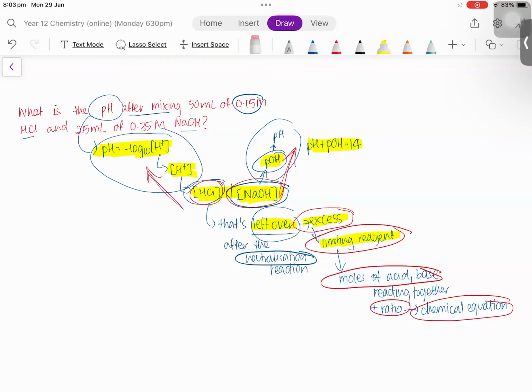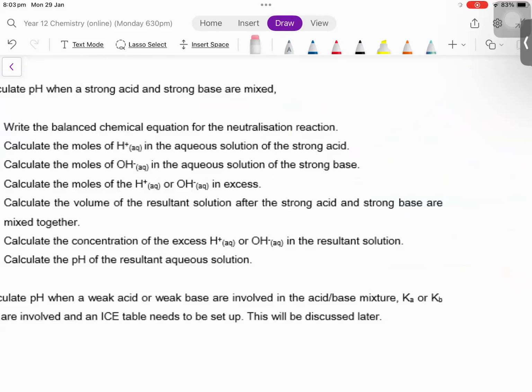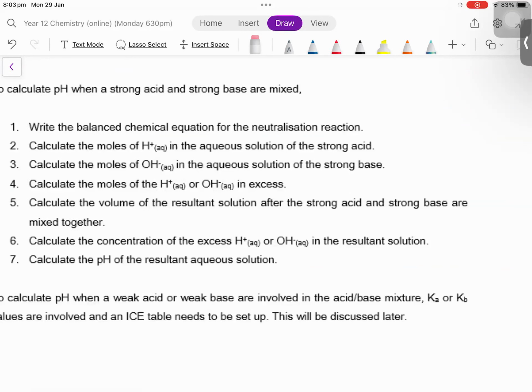So we're tracing your steps back. This is your step, okay? So I'm going to read this to you and you can realize it's exactly what we talked about, all right? So step 1 is to write that balanced equation. Step 2 is to calculate the moles of the protons from the acid. Step 3 is to do the same thing, but for the hydroxide for the base. Step 4 is to figure out which one's in excess.